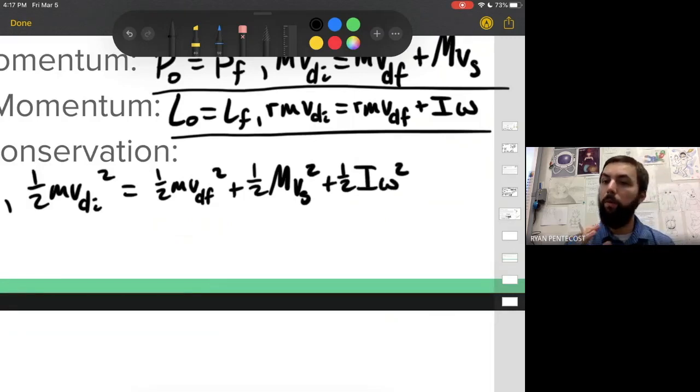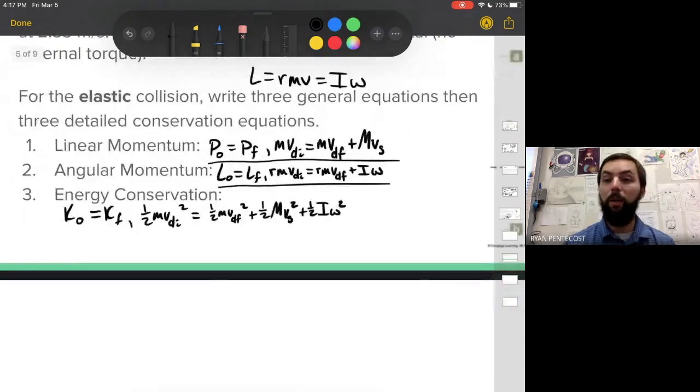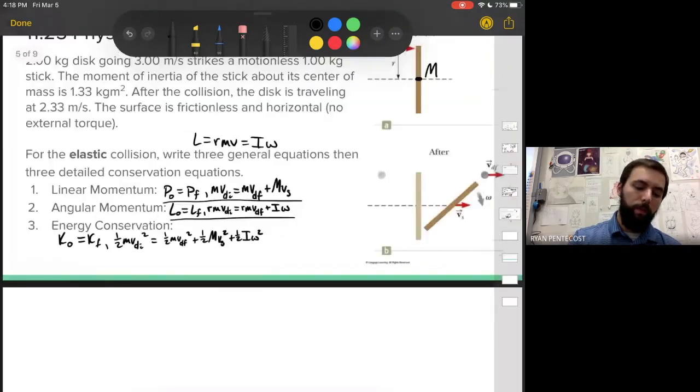Instead of splitting up the translational and rotational kinetic energy, we'll keep them in the same equation, something you can't do for linear and angular momentum. Those are our general equations and detailed equations for conservation that we're going to use.